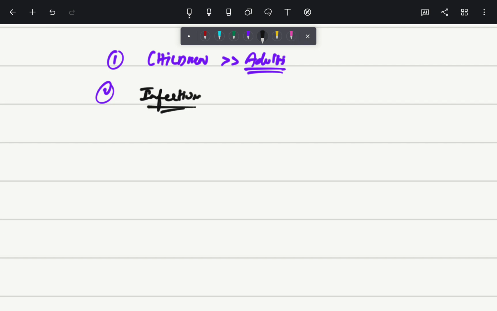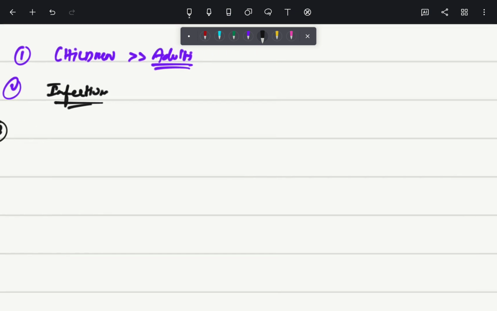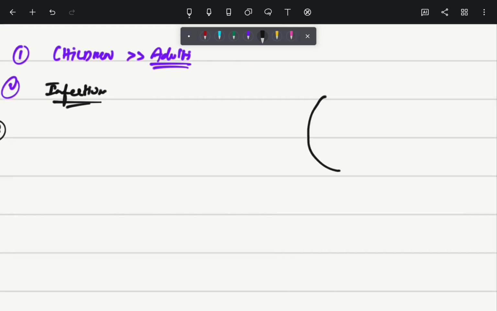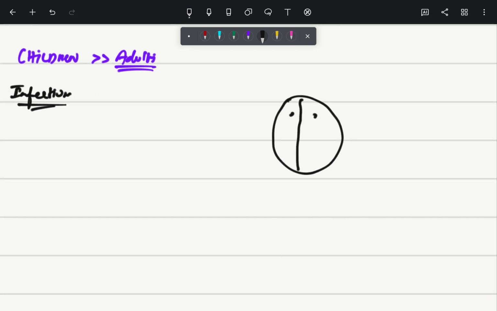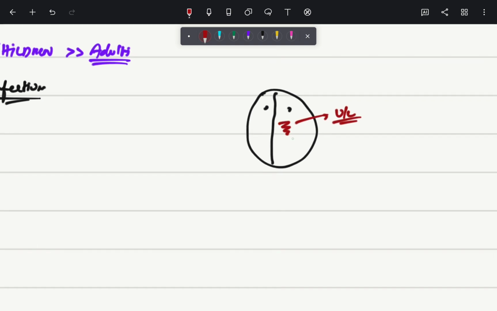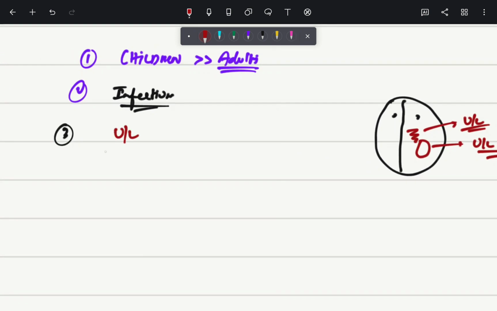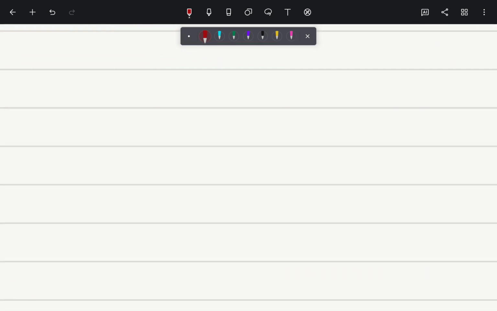The children, they will be eating random stuff, so obviously it is due to infection. And most of the time, suppose this is the patient, since it is infectious etiology, it is unilateral in origin and there is a unilateral mass. Okay, it is unilateral and there will be a unilateral mass. I hope everyone is clear with this.